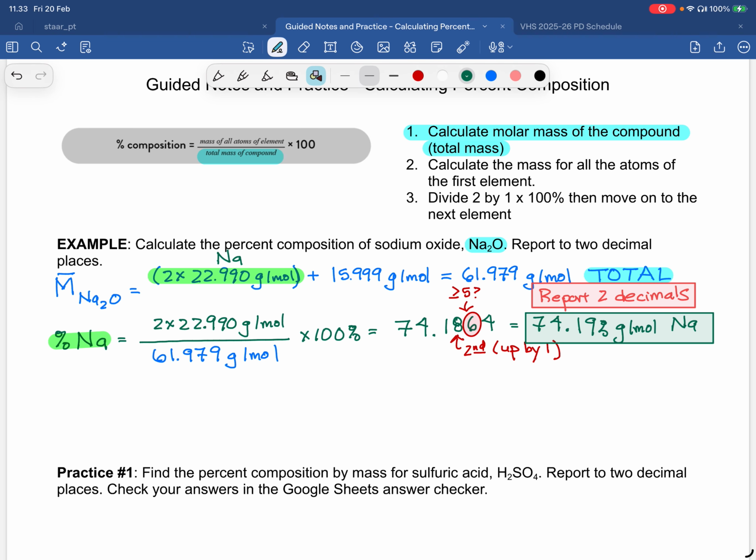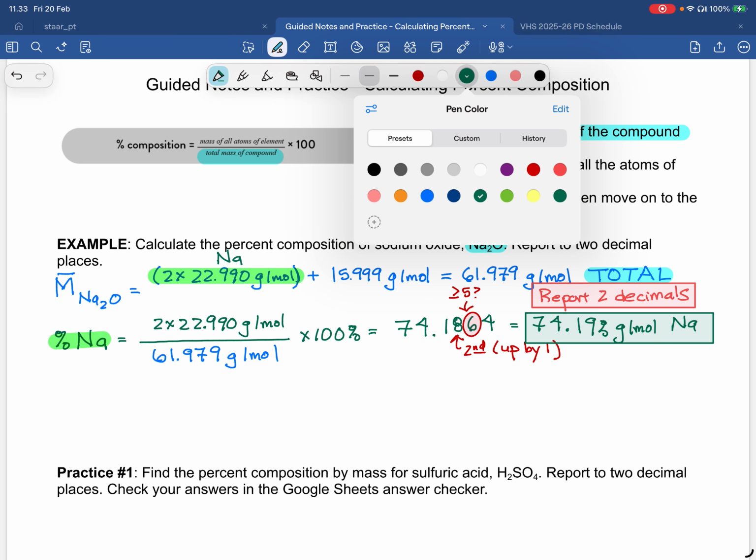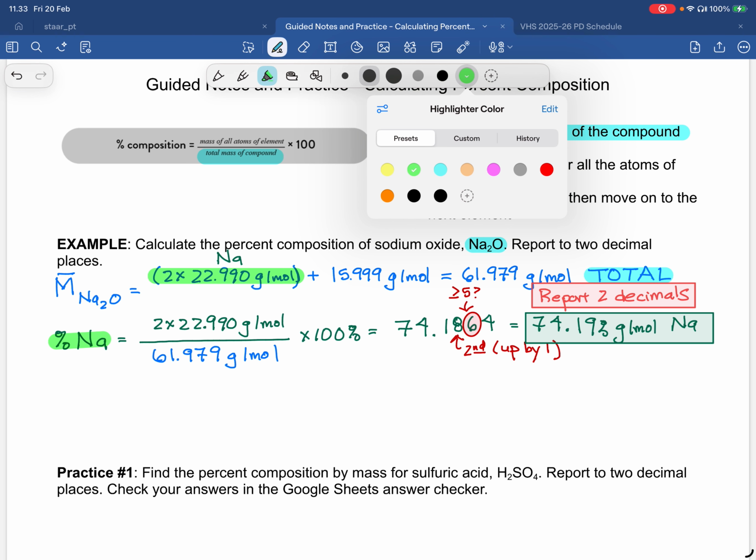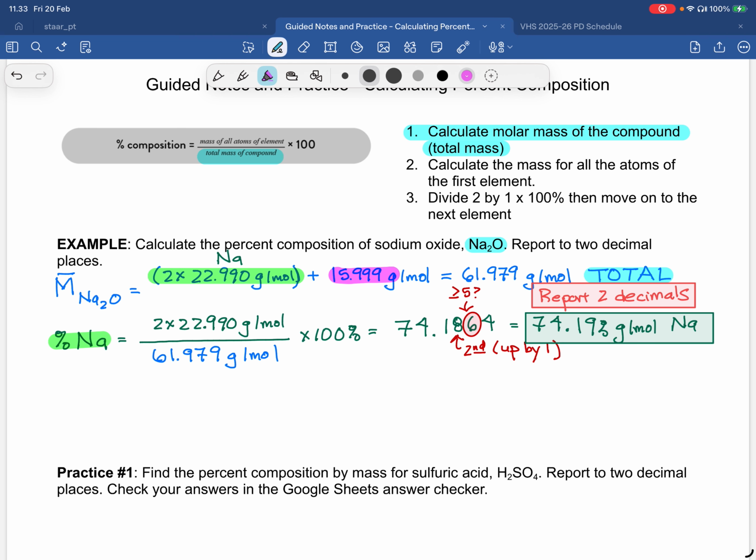Okay, so now we're going to do oxygen. And I'm going to switch colors here. So my oxygen is going to be here, okay? And I'm going to use purple for oxygen. The percent oxygen is equal to 15.999 grams per mole, right?